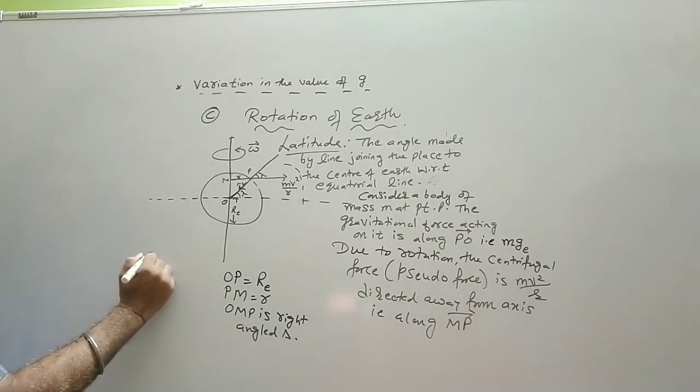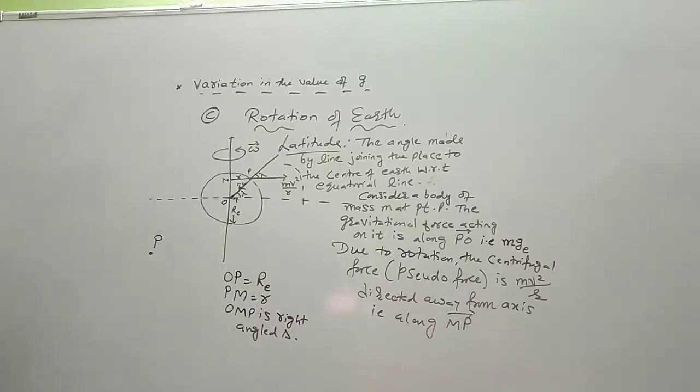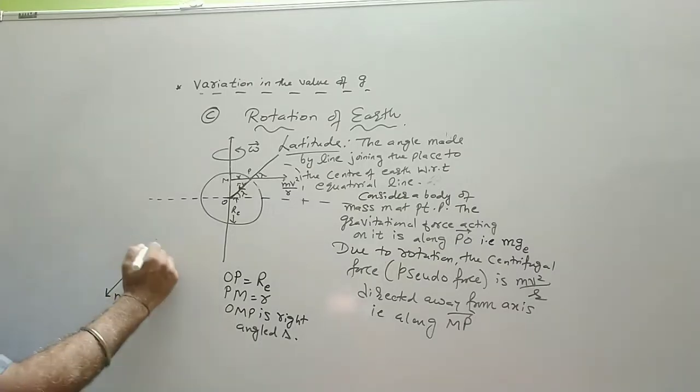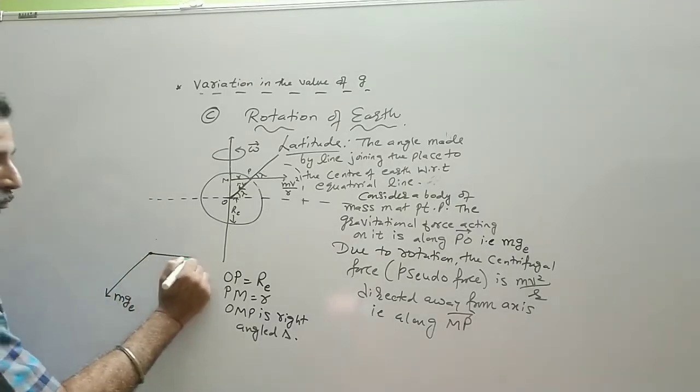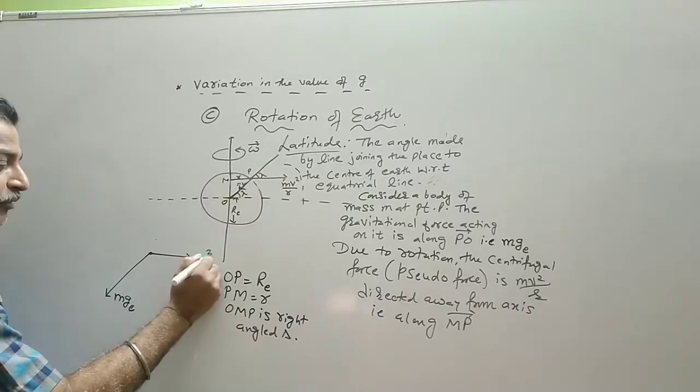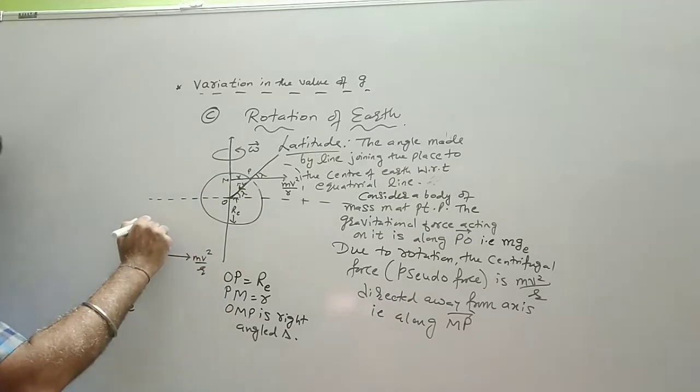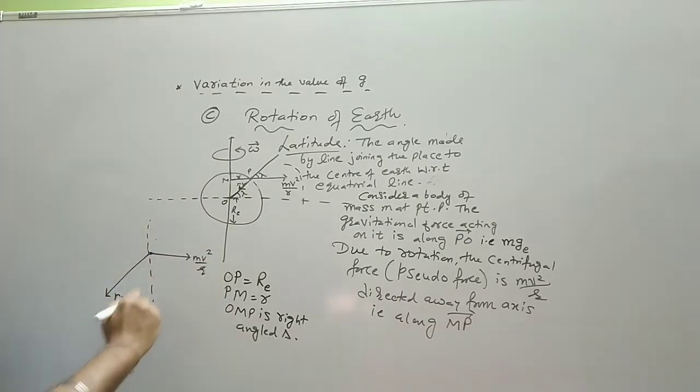So if I consider a point P, the gravitational force acting is mge. That is the gravitational force of the earth at point P. The centrifugal force is mv square by r. So let us redraw this diagram.